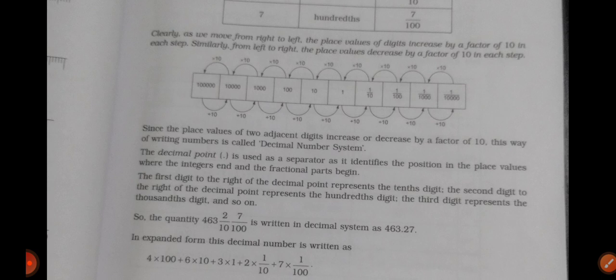Similarly, from left to right, the place value decreases by a factor of 10 in each step. As we know, the place values of two adjacent digits increase or decrease by a factor of 10. This way of writing numbers is called the decimal number system.